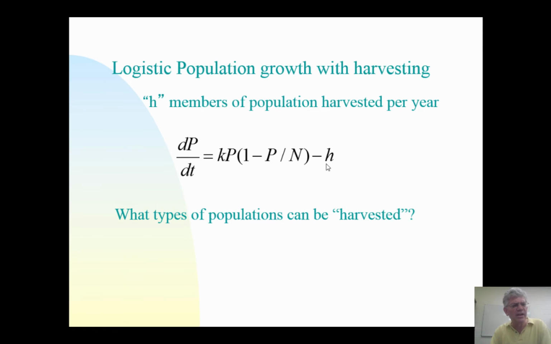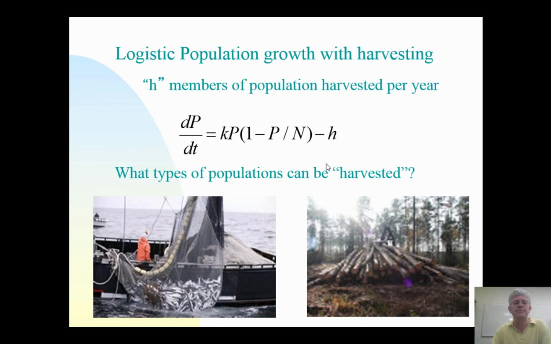And then the question is, well, what kind of populations are we talking about? And one very important one is fish populations. And by harvesting, we mean the fish that we catch. Another example, which maybe is a little less intuitive, is forestry and logging. And the population is the population of trees. And the harvesting is how many trees do we cut down each year.